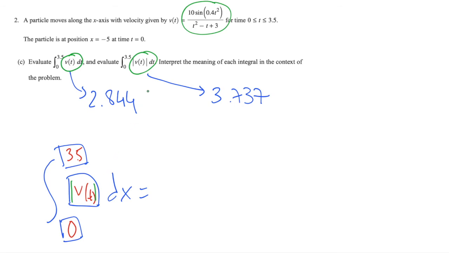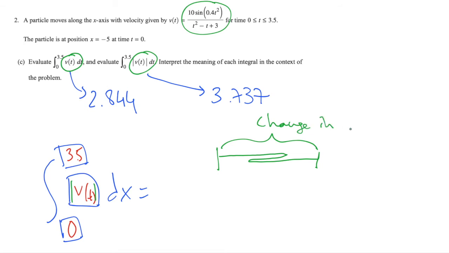And so what is the meaning in the context of the problem? Well, if you are taking the negative values, it means that, let's say you start at this position, then positive velocity, then negative velocity, you go back, and then you continue, and let's say you finish here. So this will be the change in position.